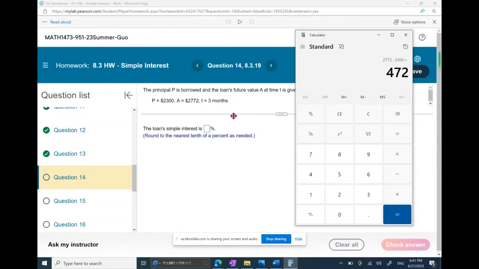Now, how much is the interest going to be over 1 year? 3 months is a quarter of the year, right? So for a quarter of the year, the interest is this much. If we multiply by 4, do we have the interest for the whole year?